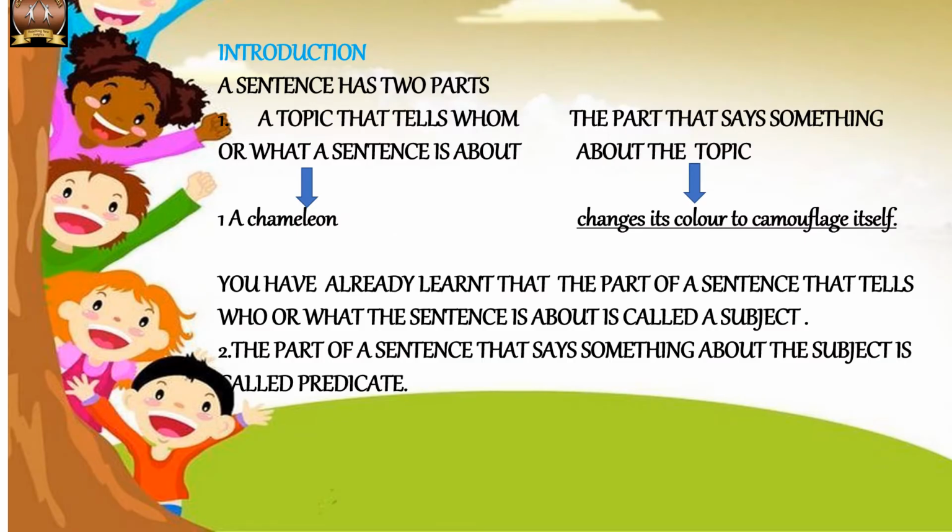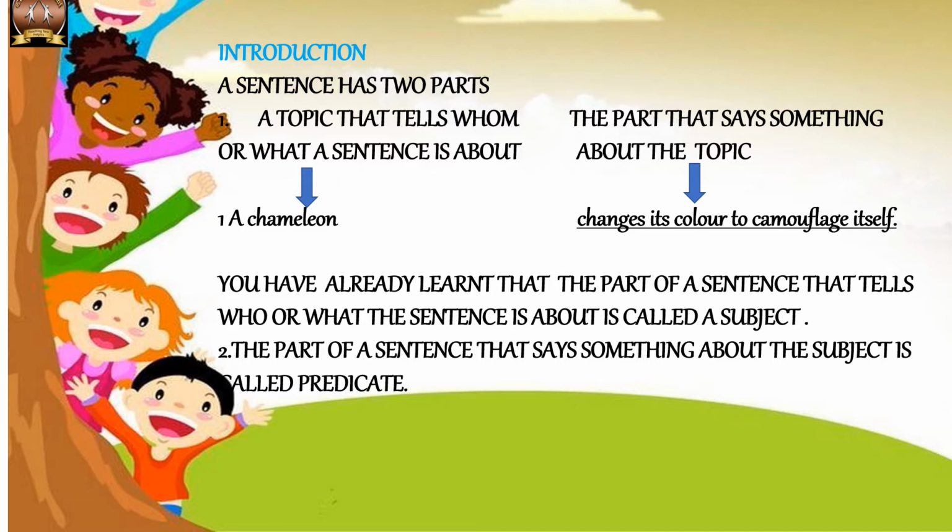A sentence has two parts. The first part tells us about whom or what the sentence is about, and the second part says something more about the topic. Like, a chameleon changes its color to camouflage itself.